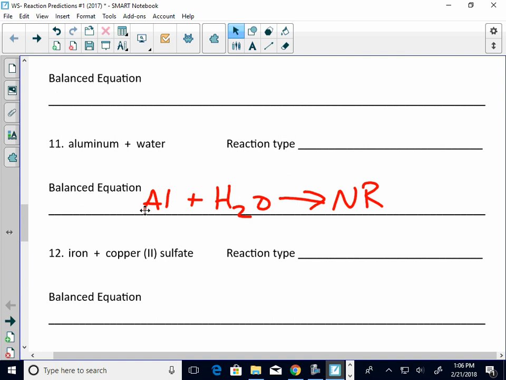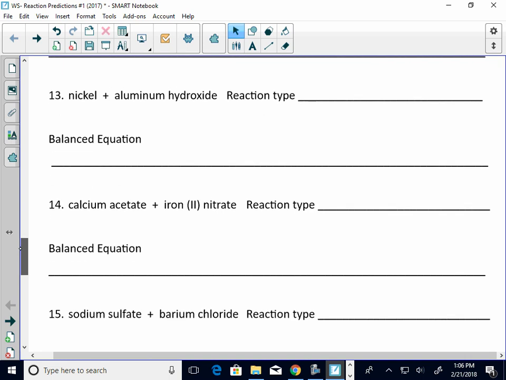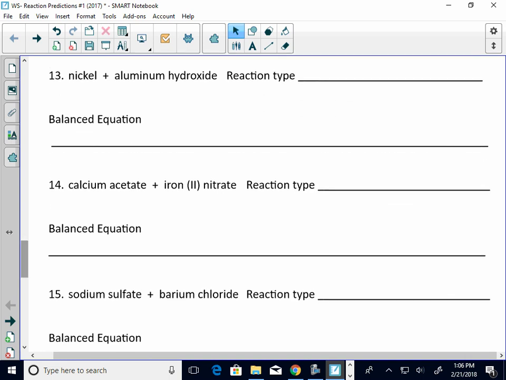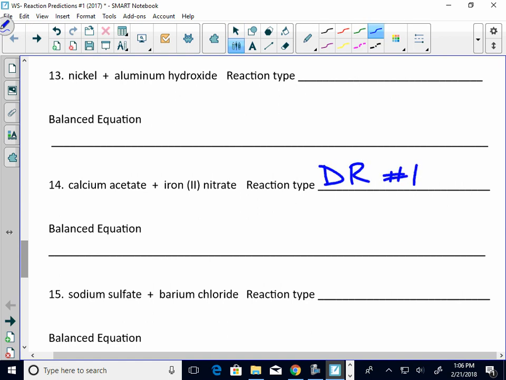All right, give me another one. Number 14. Okay, number 14 looks to me like I have an aqueous salt and an aqueous salt. So this is going to be a double replacement number 1. Now, on a double replacement number 1, I need to swap my cations. So, first of all, I'm going to name them.